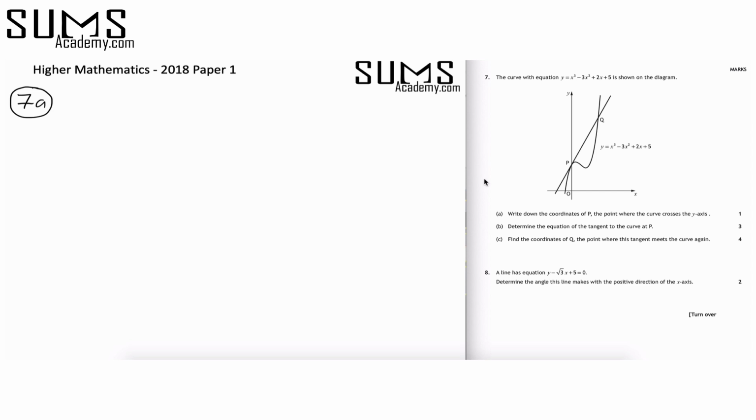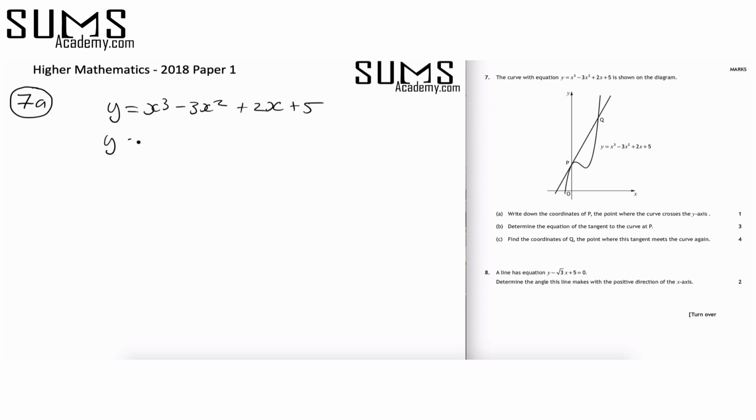Okay. So when the curve crosses the y-axis, that's when the x coordinate is going to be 0. So what we can do is just sub in 0 into this equation here, and that should give us the y coordinate. y equals x cubed minus 3x squared plus 2x plus 5.